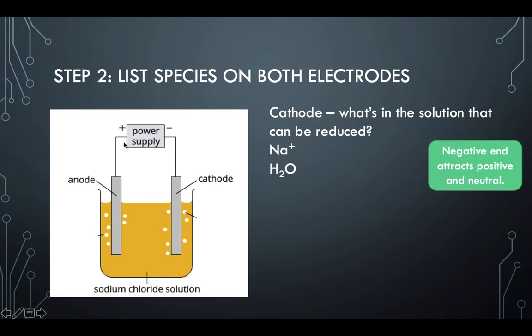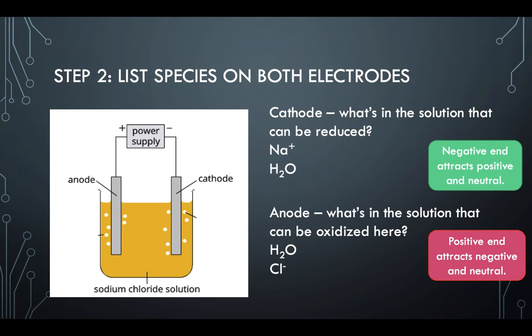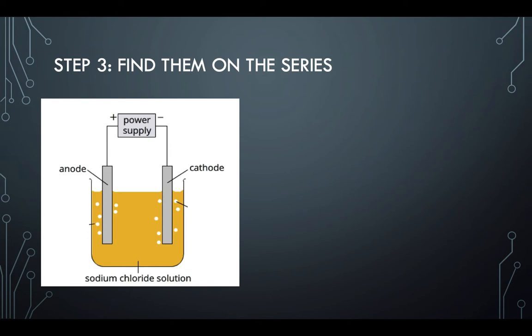It's definitely going to attract something that's negative or neutral, right? So for neutral species, it's going to be attracted by both electrodes because they have polarities, okay? And that is also the reason why water is always there, whether you look at the cathode or the anode.